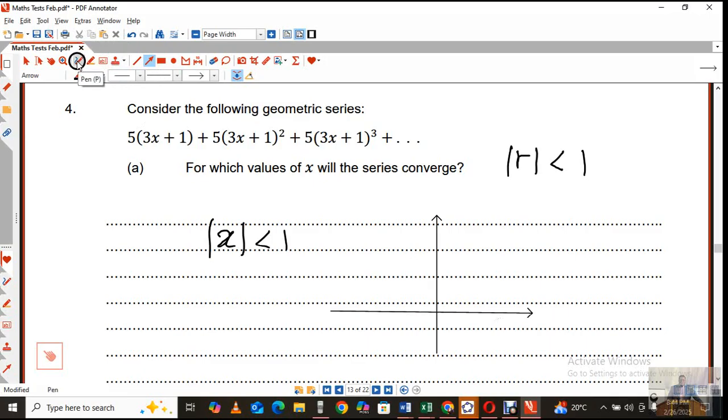Now, there's nothing there that happens. So this graph is either going to go from here, let's use a different color perhaps, it's going to go from here and here.